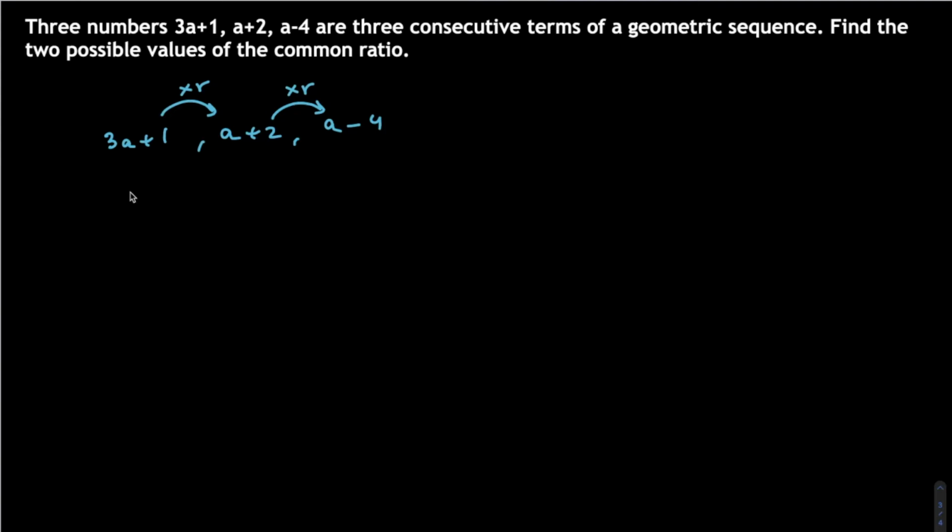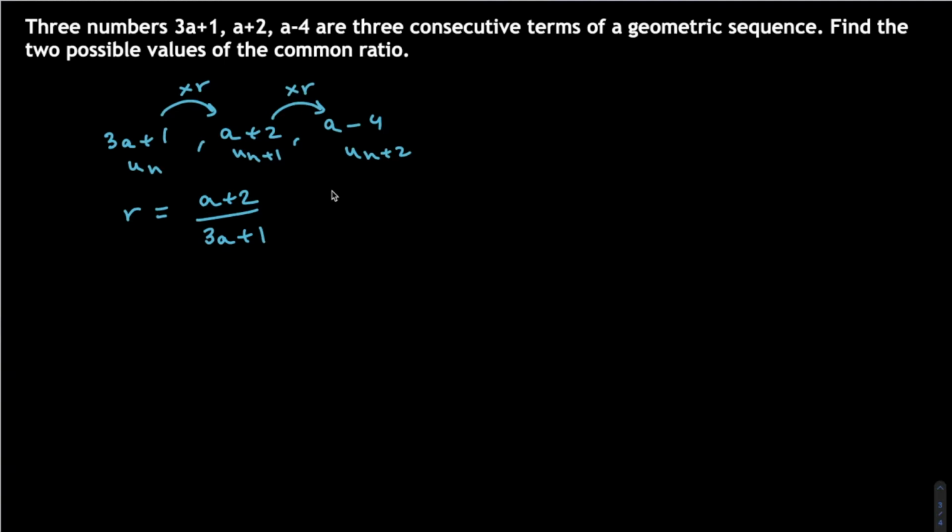So what we can say here is that the common ratio is a plus 2 upon 3a plus 1. Suppose we call these un, un plus 1 and un plus 2. This is some nth term, this is the term after, and this is the term after that. So let's take this as an example. Okay, so we have one value of our common ratio.